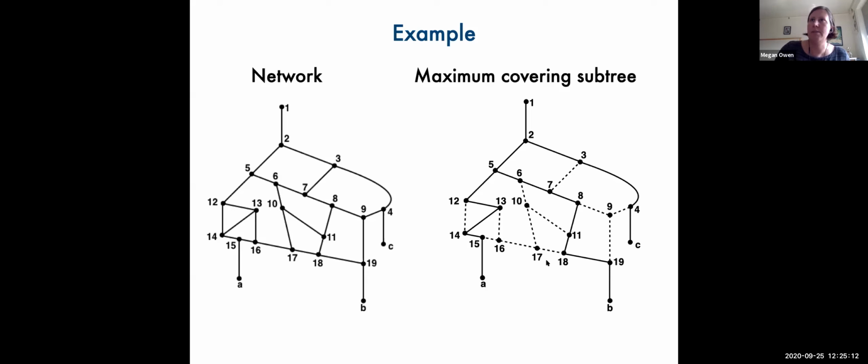You can see it's not tree-based because we have a bunch of vertices in the middle that aren't covered by the maximum covering subtree. It's off by 4 vertices. You can make some other complicated examples that make you think it might be NP hard.